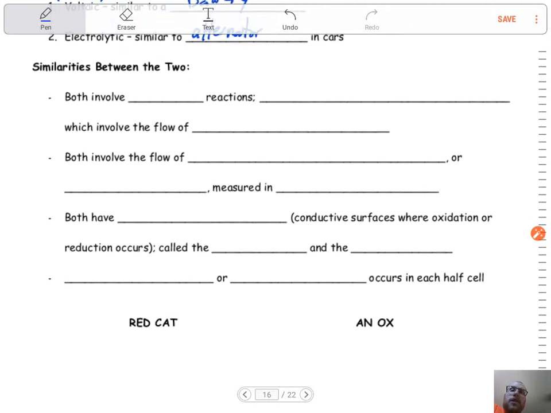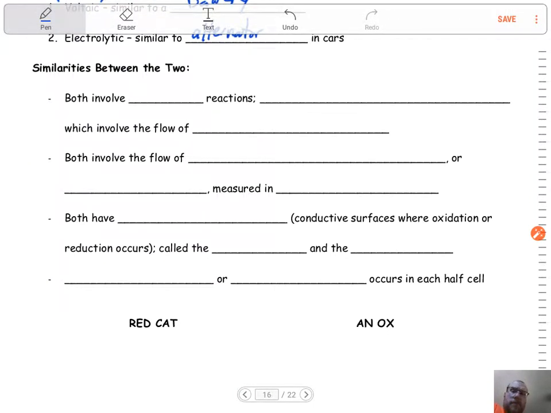There are a few similarities that you need to be aware of between the two, so do what you need to do to memorize this information, guys, whether that be flashcards or just looking at it over and over, because this is another topic they love putting on the test. You will see at least one or two questions about these cells in multiple choice as well as short answer.